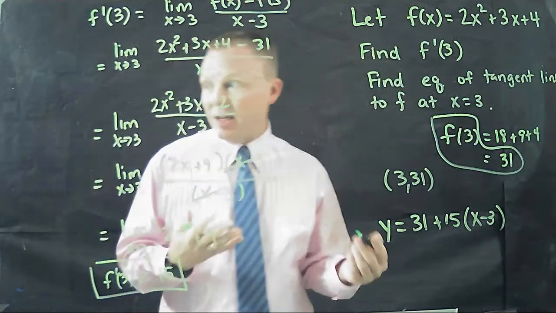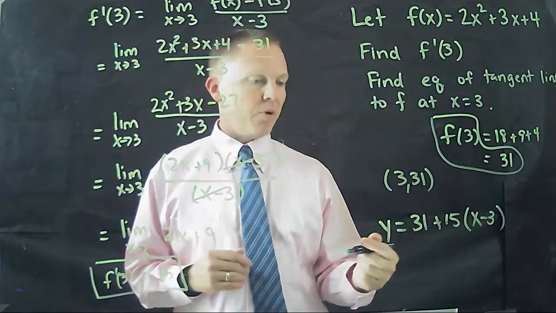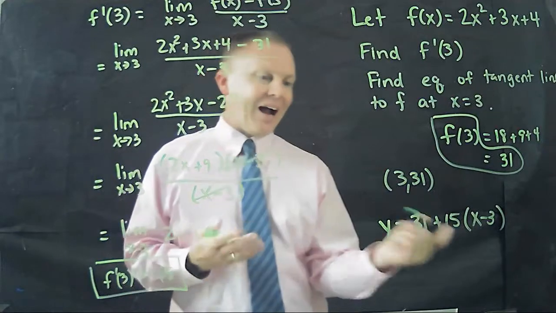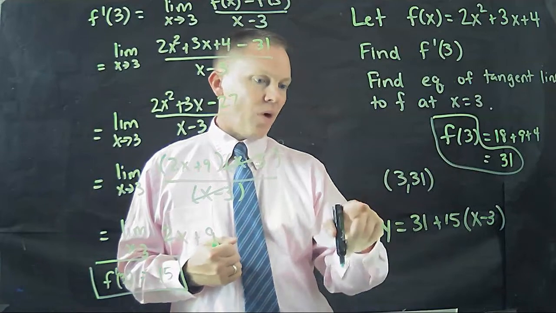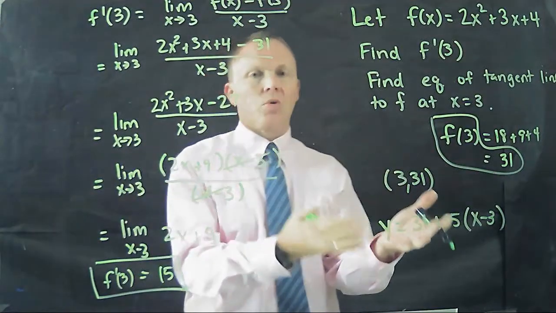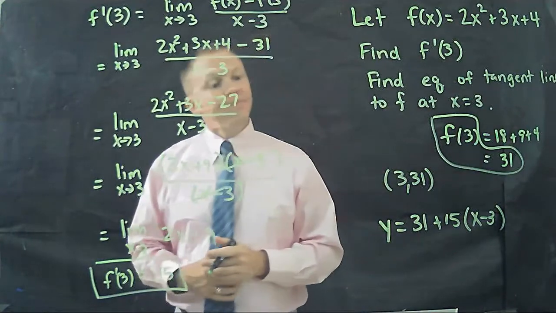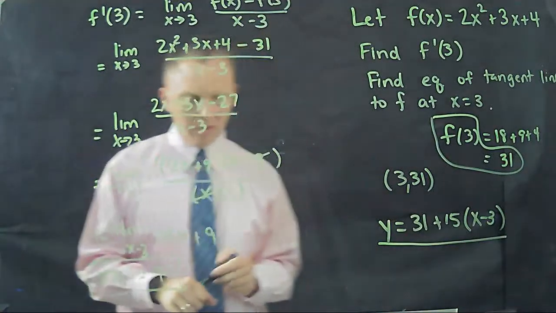If you remember, I said in the first video that I made about the big picture of calculus, it's all about point slope. I prefer to write my point slope equations like this instead of y minus 31 equals 15 times x minus 3. I think this tells more of the story. And honestly, just leave your equation like that.